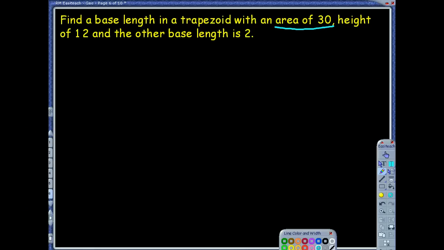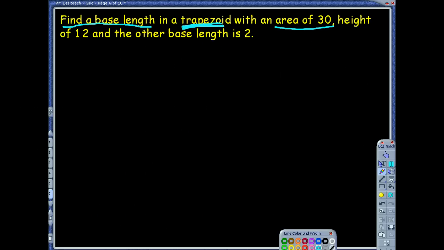Okay. So the fact that they're saying find a base length, that's the first thing that I read. That means I don't know one of the base lengths, basically. So that's what I'm trying to figure out. But I'm dealing with a trapezoid, so I'm still going to think about that formula.